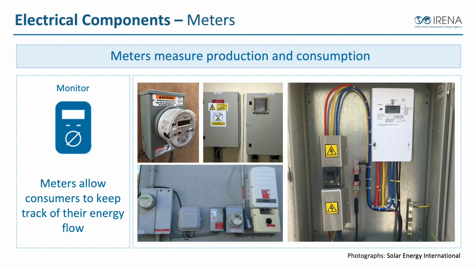And so sometimes we'll have two meters on our system, one to measure the consumption of the building, one to measure the production, and those can be located in various locations throughout the electrical system depending on the physical layout. So that allows the consumers or the utilities, or sometimes we can set these up as a remote monitoring system, so we can read them remotely and know what's happening in our electrical system.